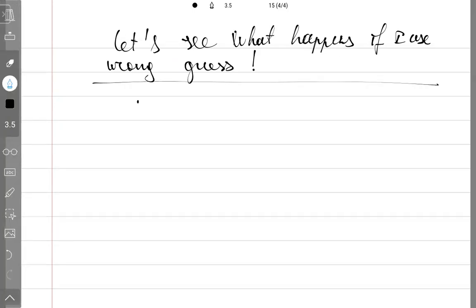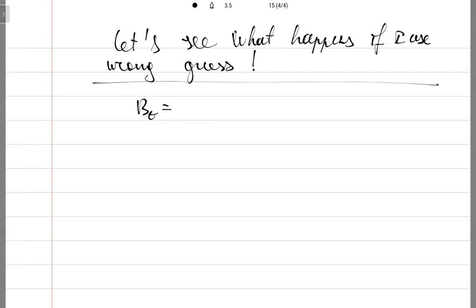So if I guess that BT is some function h of t times g of Wt, like this, in this case, what will be dYt?